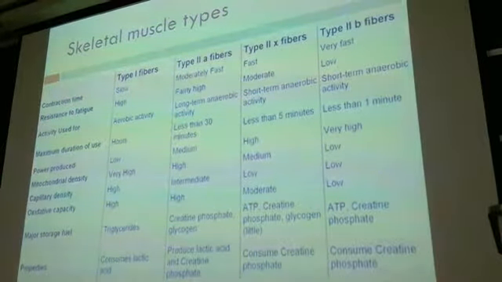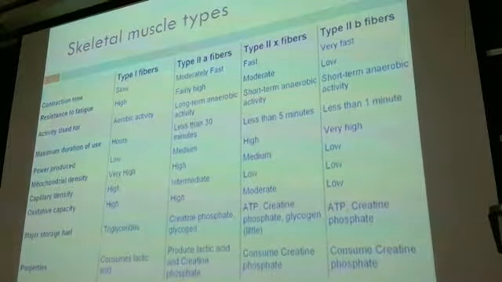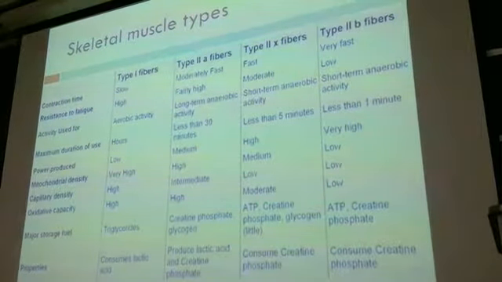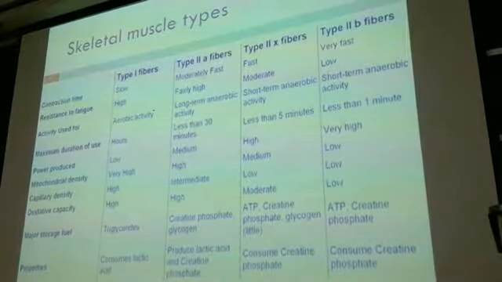Nevertheless, they have a high turnover of triglycerides. Triglycerides are stored and metabolized as the major fuel source for sustained activity. And in conjunction with this, they consume lactic acid as a part of their metabolic function.